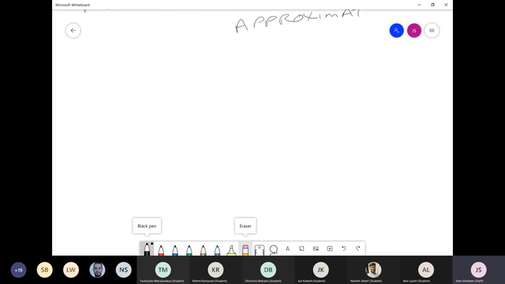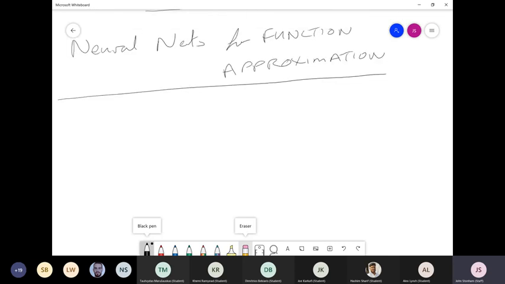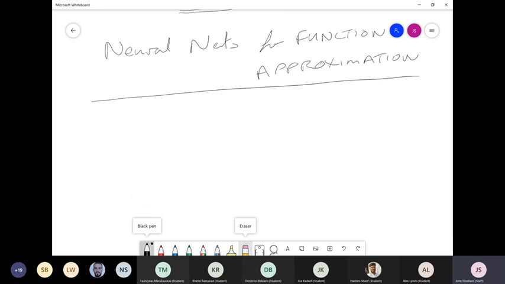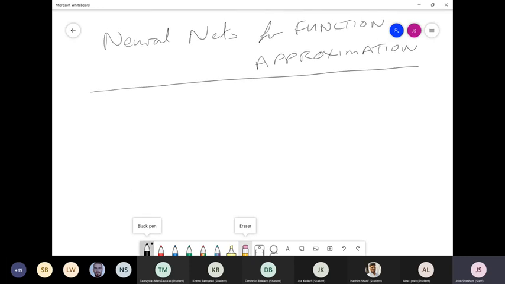If you wanted to use it for face recognition, the two classes would be the plus class, and all the other faces would be the minus class. Now, with neural nets for function approximation, we are trying to model the function of a complex system. And the idea is that the decision surface becomes the function.